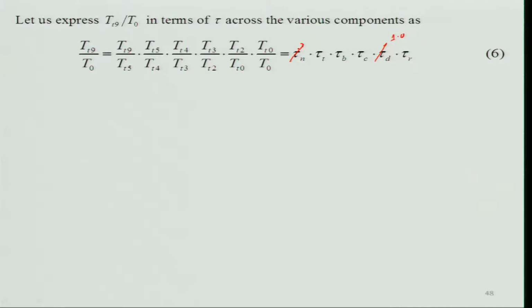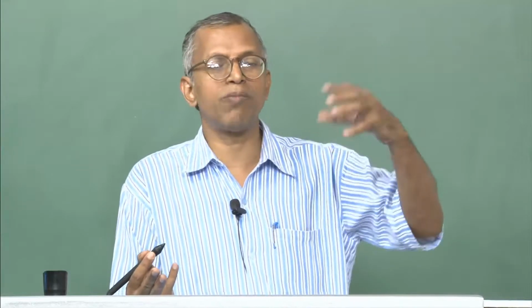You are not doing anything, so it will be 1. So what about tau c and tau t? Can I make them 1? And tau b certainly no, because I am adding some amount of heat, right? I cannot make tau t and tau c as 1.